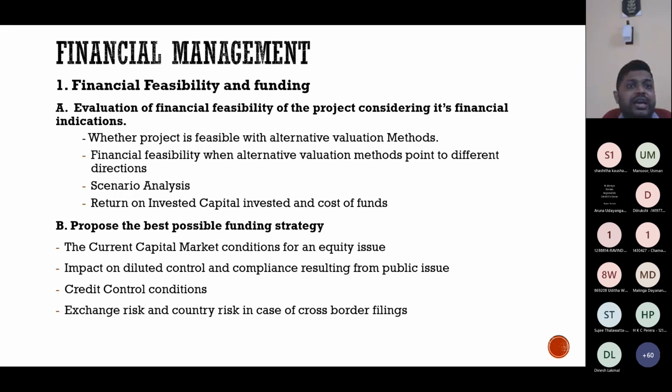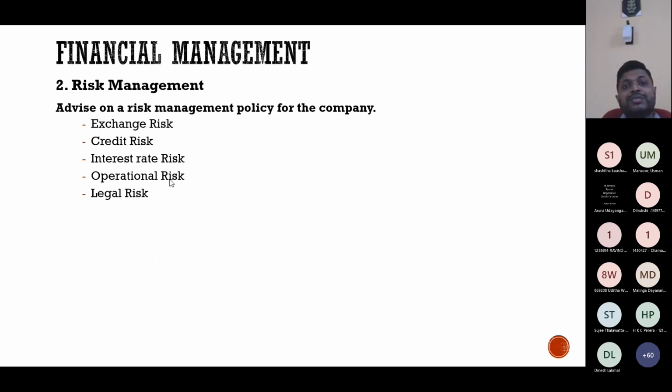The first section, as I have mentioned, deals with financial feasibility and funding. Then the risk management aspect. In this environment, risk management is key because our external environment is highly volatile. In a volatile environment, risk management is essential.